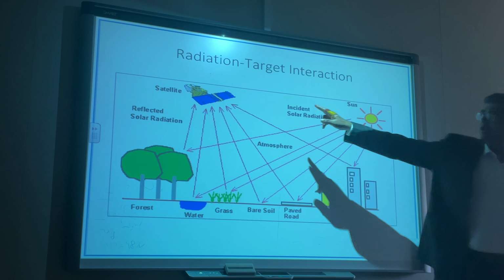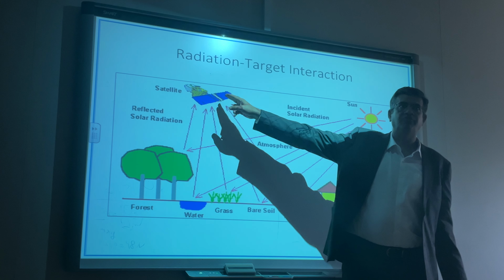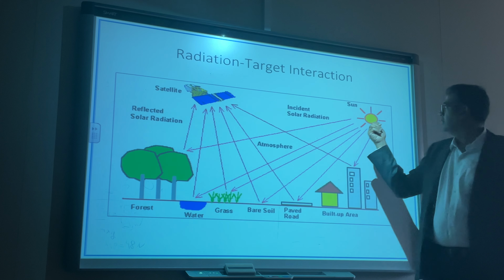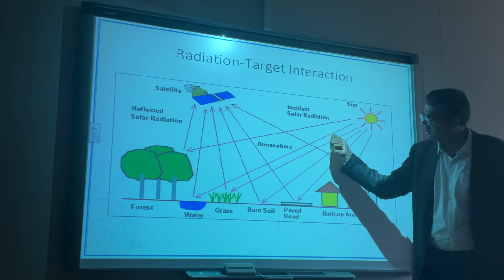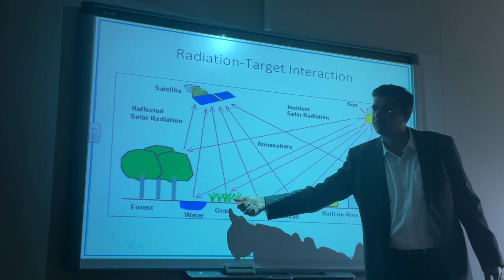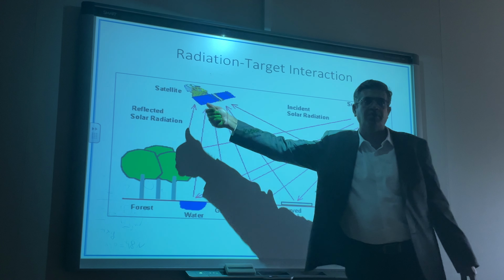So for remote sensing, only the reflected radiations will be helpful because you have the sensor above the Earth's surface. The electromagnetic radiation from the sun is transmitted through the atmosphere, it reaches the surface of the Earth, it is reflected from the surface, and then it is recorded by the sensor.